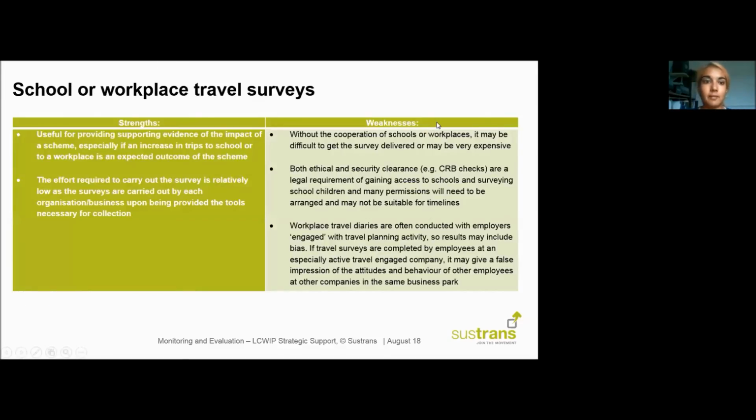Right. So the school or workplace travel surveys are usually delivered with some degree of cooperation from the schools or workplaces. If there isn't a partnership working arrangement in place, logistics may be more difficult or expensive. Especially around schools, it's important to consider ethical or security clearance for capturing data.